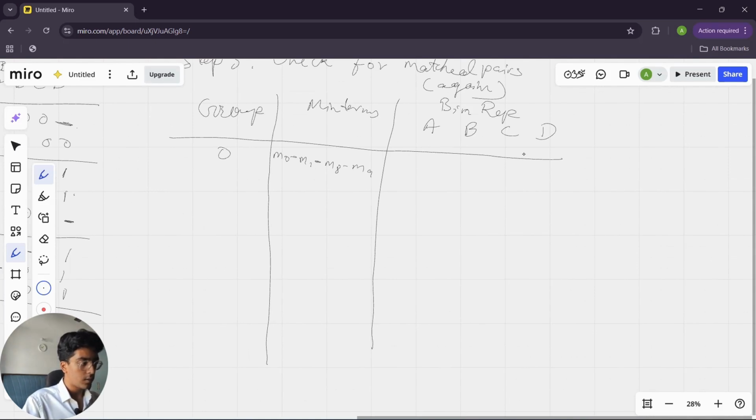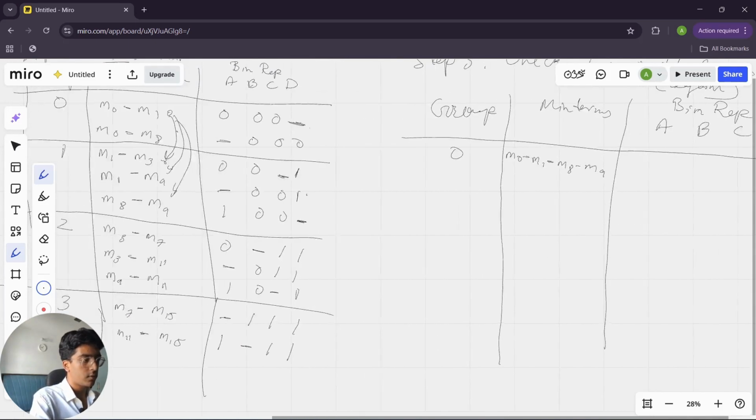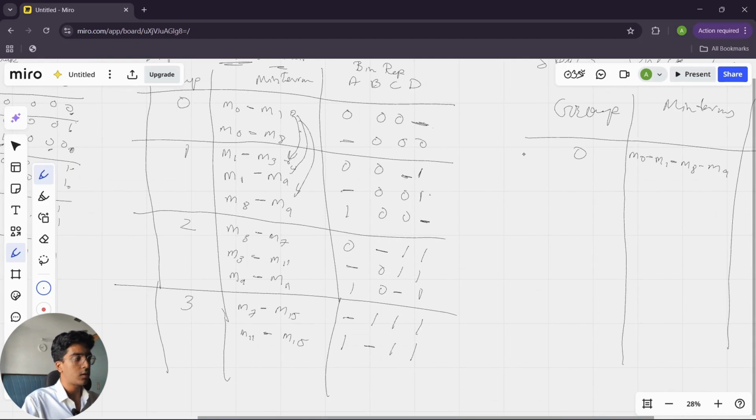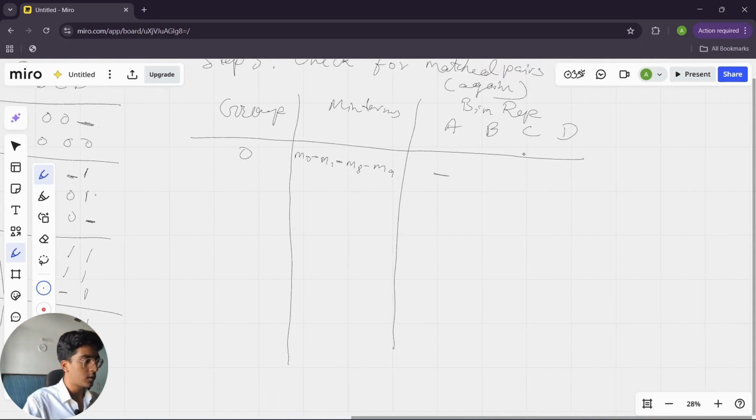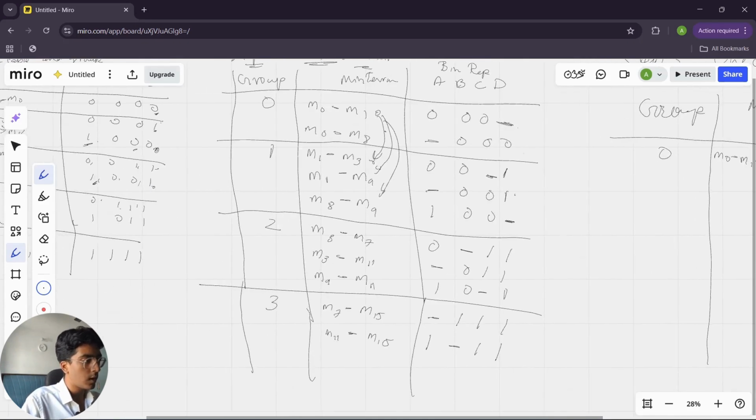Now as you can see, it's just changing on the first variable, so we'll represent this as a dash. It is dash 0 0 and the last one is dash as well. Now we'll have to check for m0 and m8. We'll compare them with first m1 and m3. We see that two variables are different, so we eliminate that. We check it with m1 and m9.